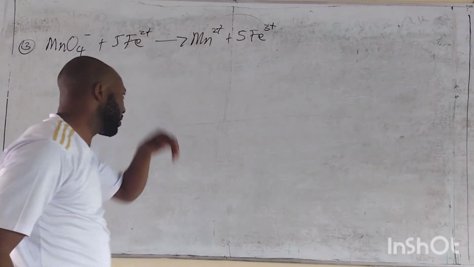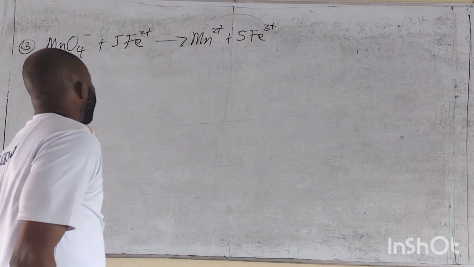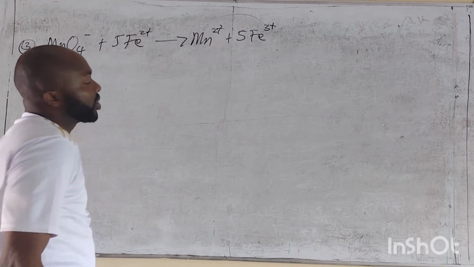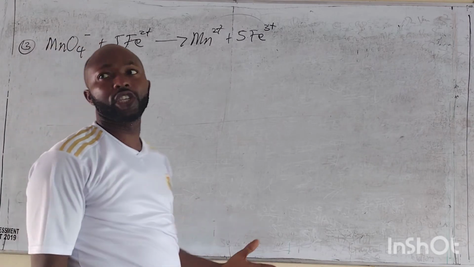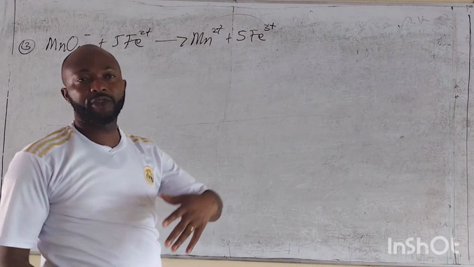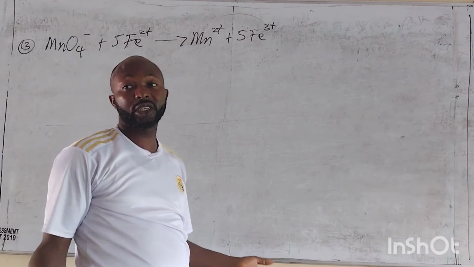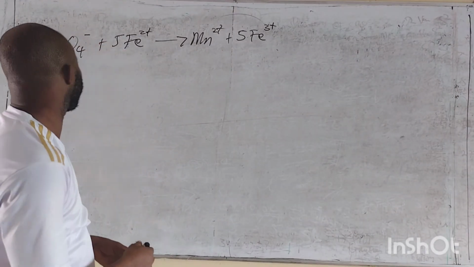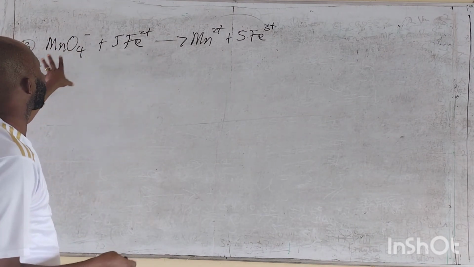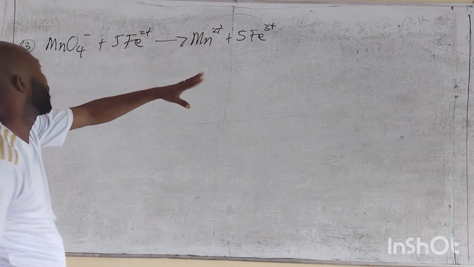Now this equation here looks a little different, in that they have gotten the oxidation number, and after the oxidation number they've done the cross multiplication, so we just proceed, which is going to be faster for us. So now, having done that, the only thing left for us is to balance for oxygen and hydrogen.